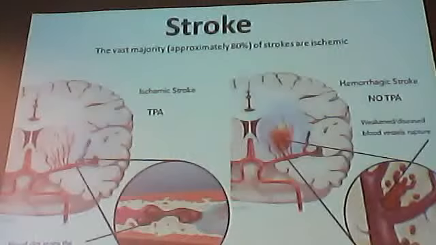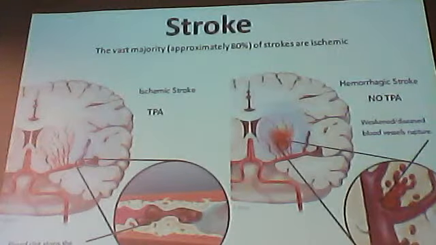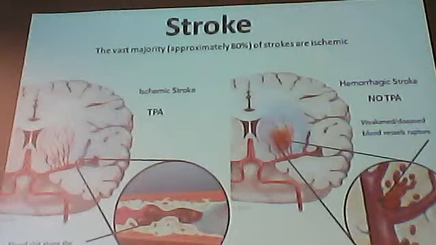With neuro, there can be two major types of strokes: the ischemic stroke and the hemorrhagic stroke. With the ischemic stroke, remember that TPA, the tissue plasminogen activator, can break up clots, so you want TPA to break up clots to prevent an ischemic stroke, because then you can have good blood flow again.